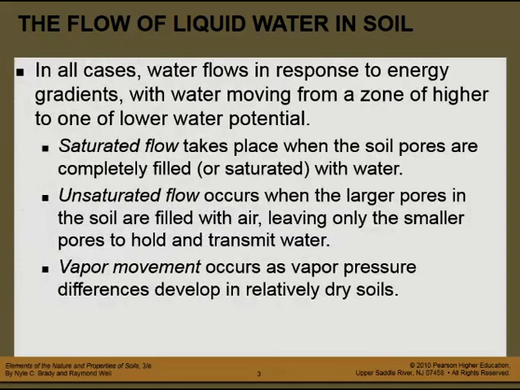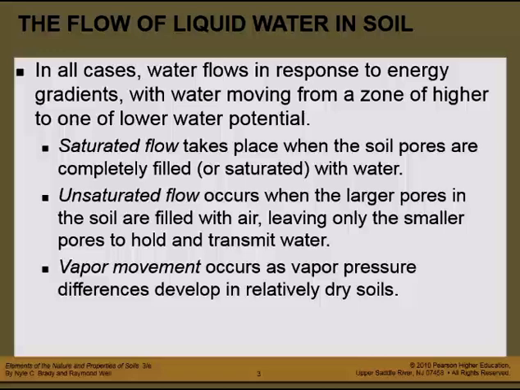Now in all cases, water flows in response to energy gradients. I think I explained last time that there's a gradient of moisture from the soil to the plant to the atmosphere, so water is moving from a zone of higher potential to a zone of lower potential. Saturated flow takes place when the soil pores are completely filled.